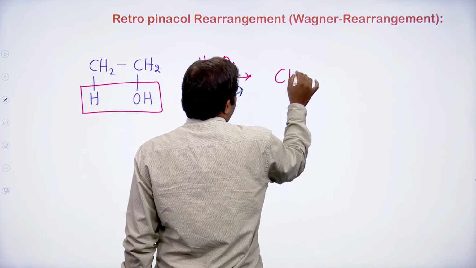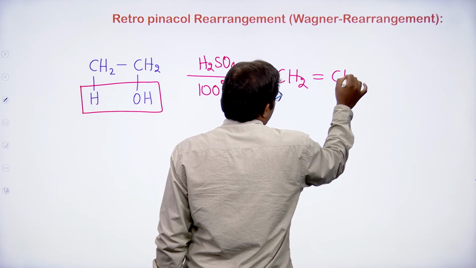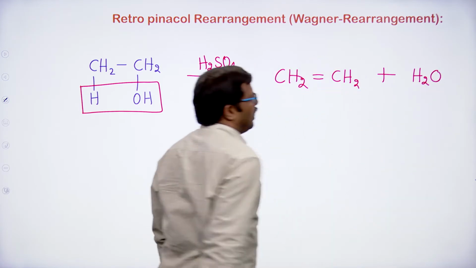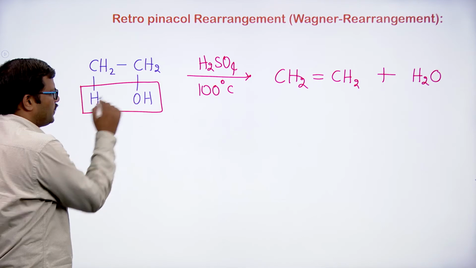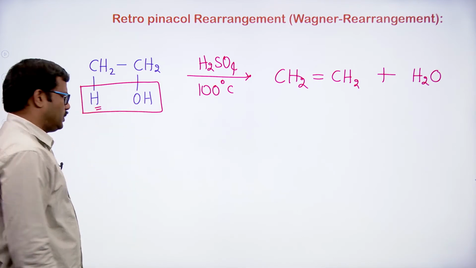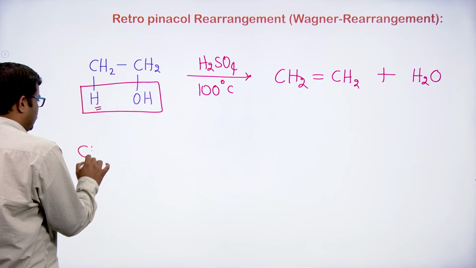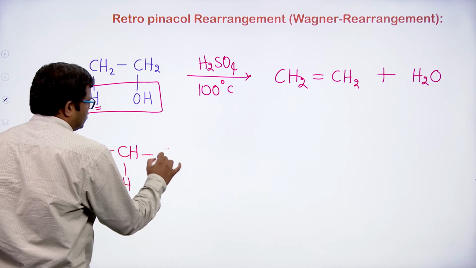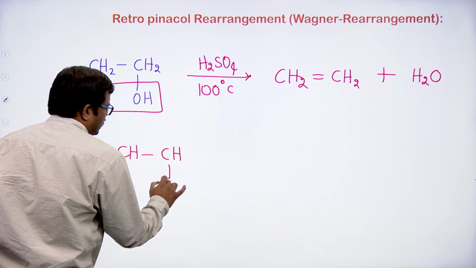So what we are going to get is CH2 double bond CH2 with the loss of a water molecule. So OH is lost from one carbon and the adjacent carbon loses the hydrogen. The same thing is observed in the previous example as well. So I can elaborate the same reaction in this fashion.